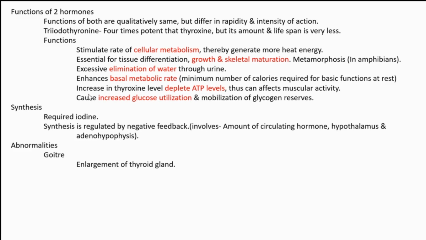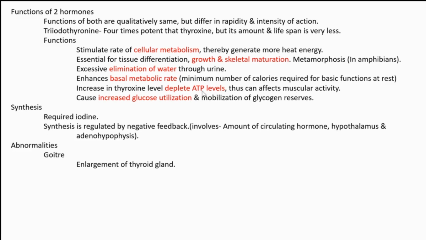Another function: an increase in the thyroxine level may lead to depletion of ATP. ATP level will reduce if the thyroxine level is more. And the depletion of ATP in turn affects muscular activity, because muscle contraction and relaxation mainly depend on ATP.